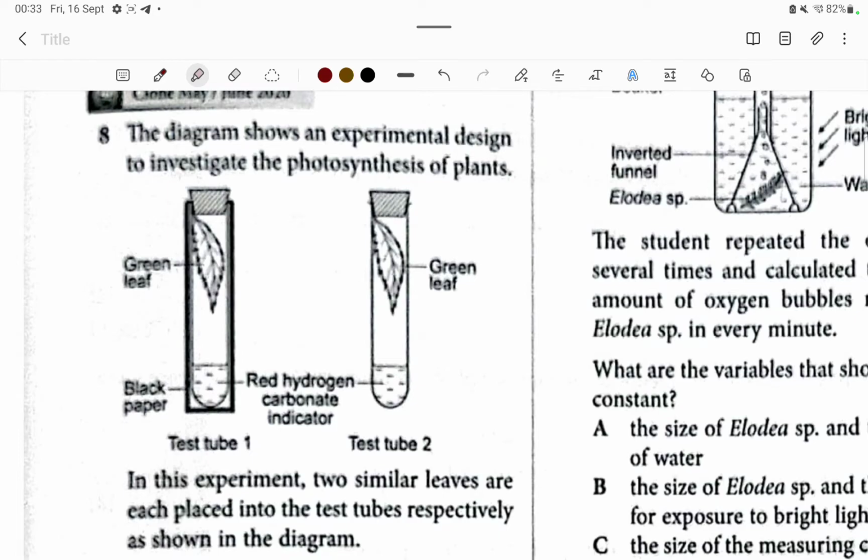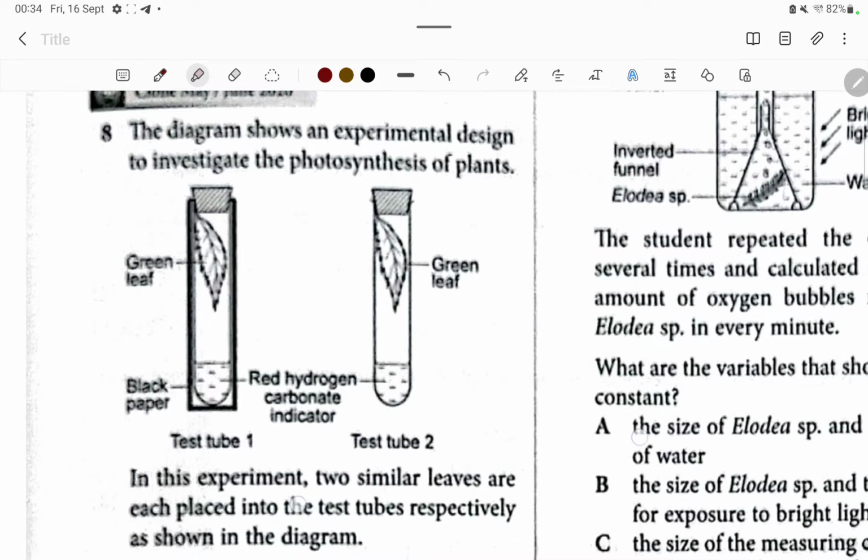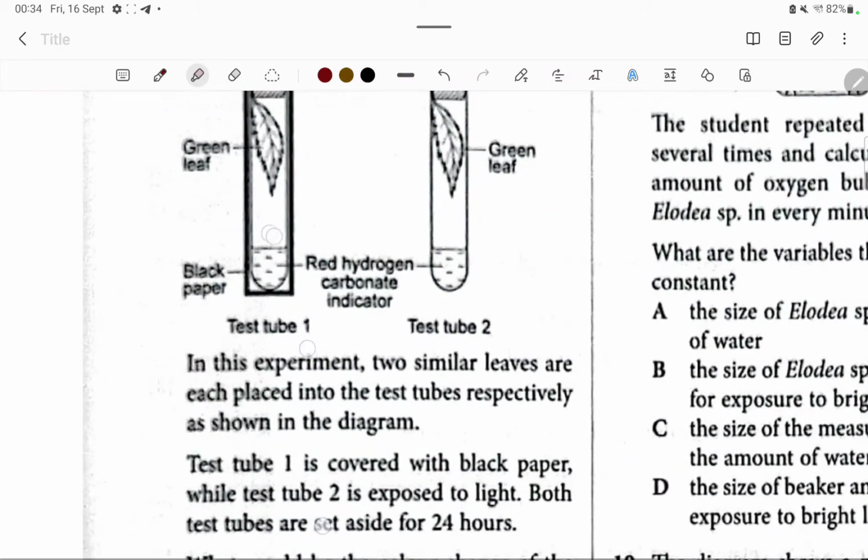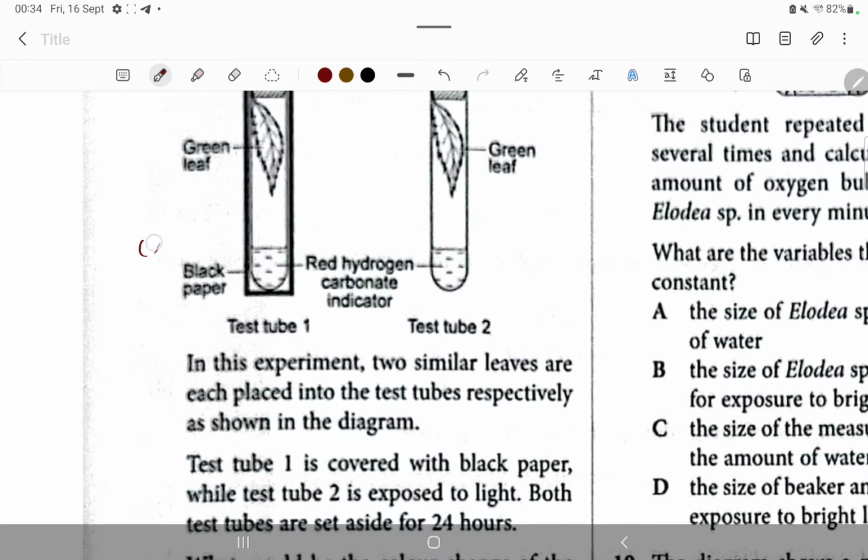Diagram shows an experimental design to investigate the photosynthesis of plants. Okay, so this one, both of them have green leaf and then hydrogen carbonate indicator, but this one you have black paper. So black paper means no sunlight or no light in general.